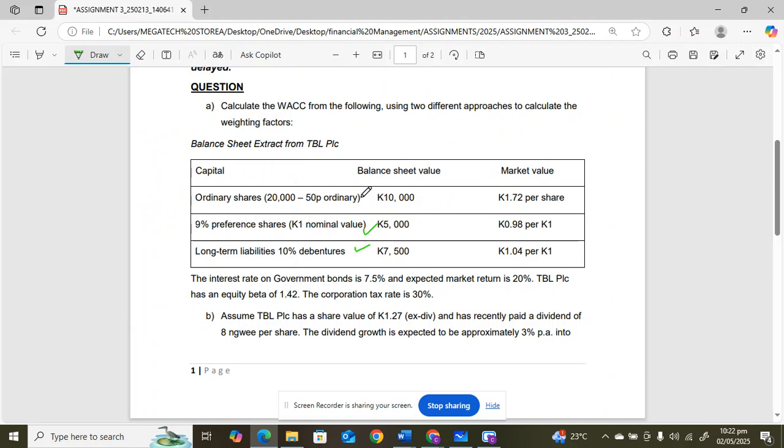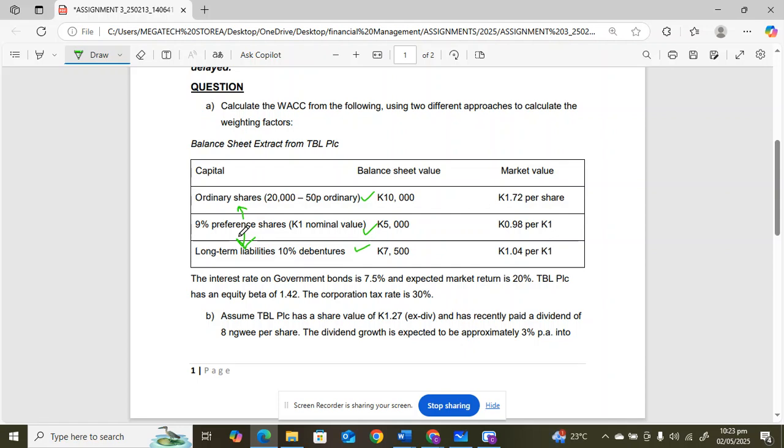Then finally the ordinary shareholders. So preference shares are like a hybrid between ordinary shares and debt. Why is it almost like debt? Because you're receiving fixed dividend payments. Those fixed dividend payments are similar to the fixed interest payments you get for a debt.